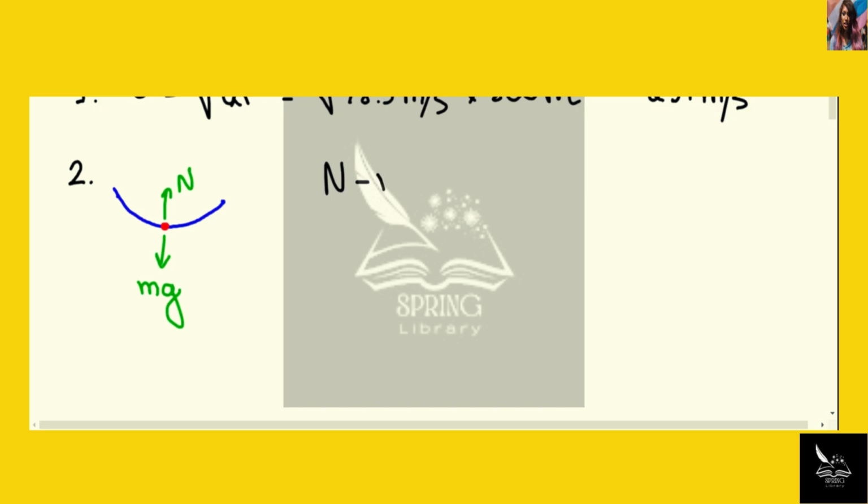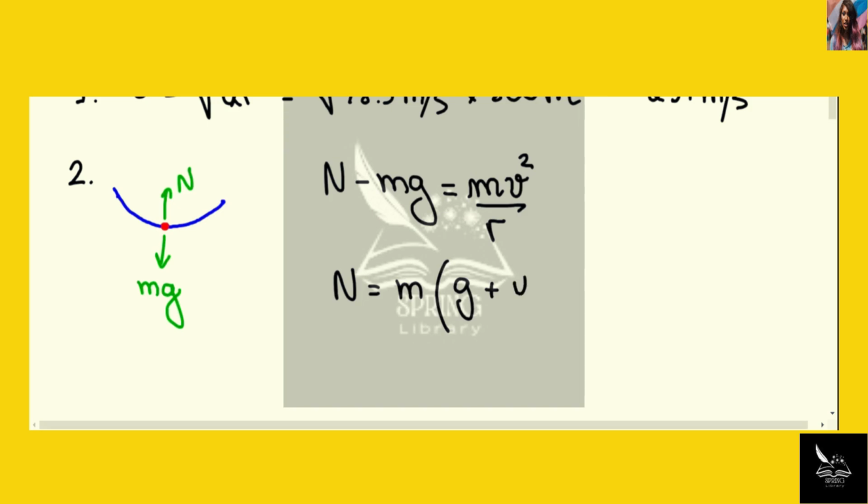So we have that n minus mg, according to Newton's second law, is equal to the mass of the person times the acceleration. And the acceleration is v squared over r. And our goal is to find n. So I'm going to isolate n here. So we have n is equal to m times g plus v squared over r.